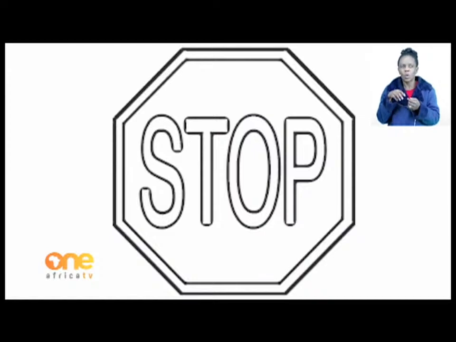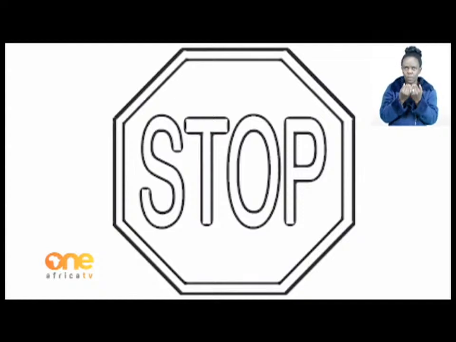A stop sign can be found on the roads, and it's also found especially close to where roads meet. So if two roads are going to cross, one of the stop signs will tell the driver or the person walking that they must stop. If the person does not stop, then there can be an accident. So it is very, very important to obey the stop sign.